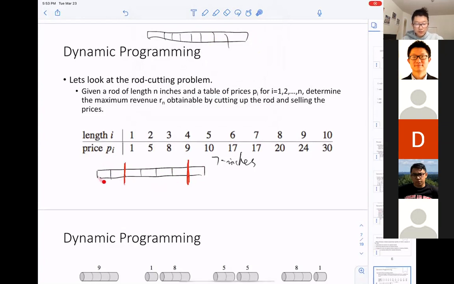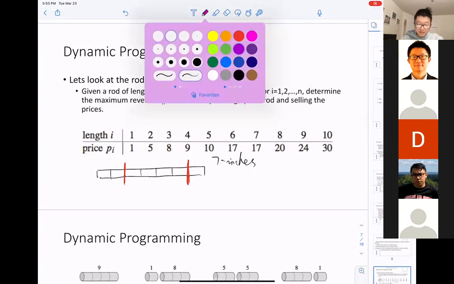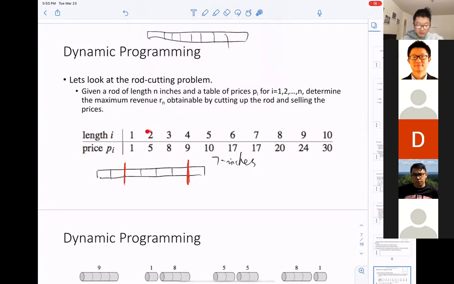Let's say if we sell the left part, how much money can we make? $5. Yes, $5. This is because for a rod of length 2 inches, we will be able to make $5. So we can get $5 from here.